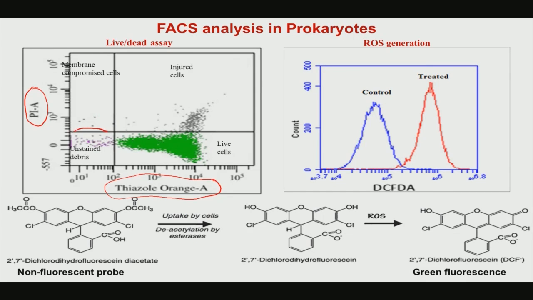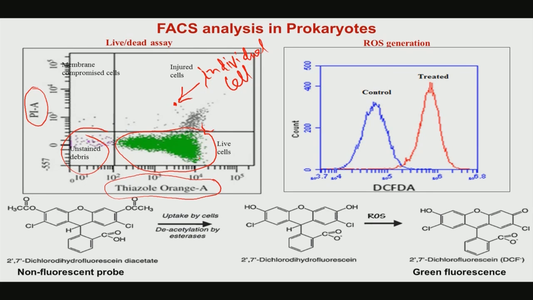In one case you have unstained debris, and green dots are live cells. If you recall, the fundamental principle in FACS is that each dot in the FACS plot comes from one individual cell. So, the multiple dots which are stained green indicate the number of live cells.